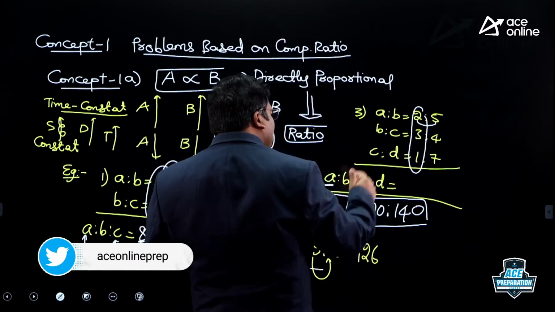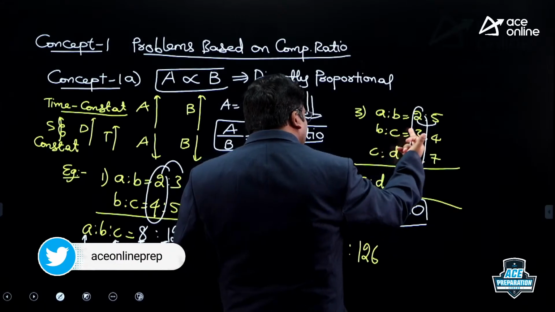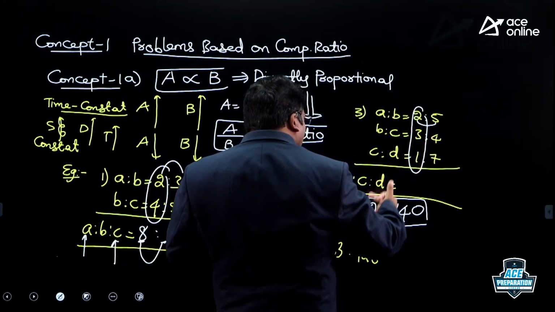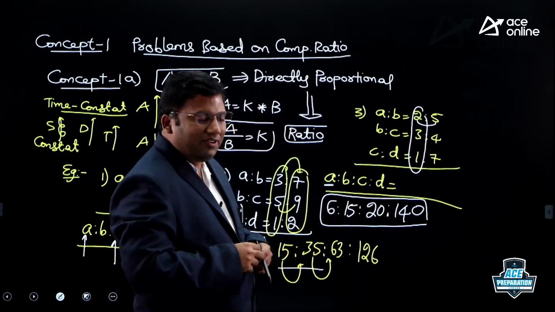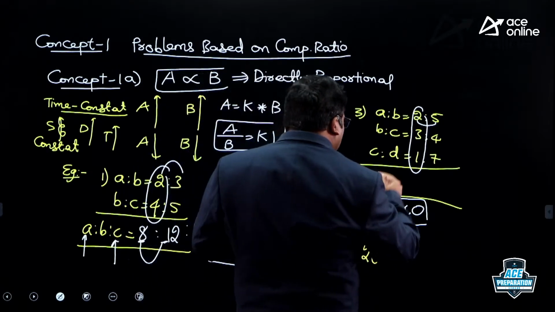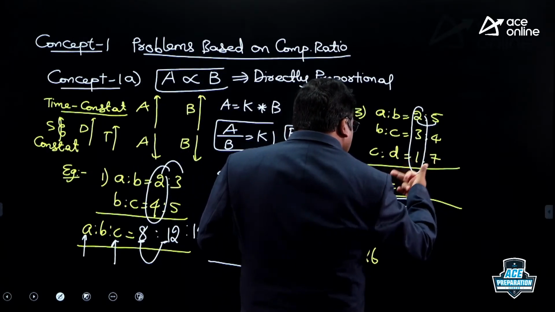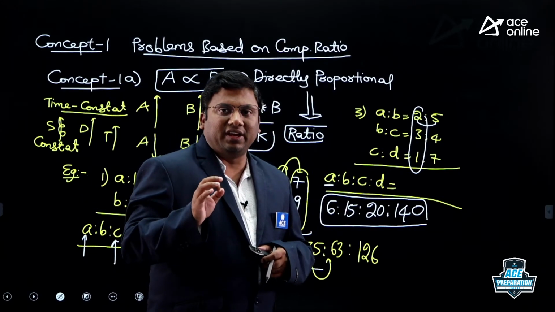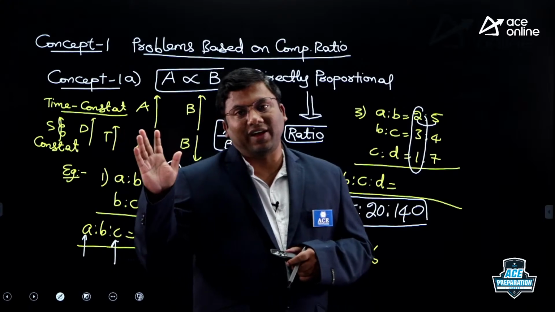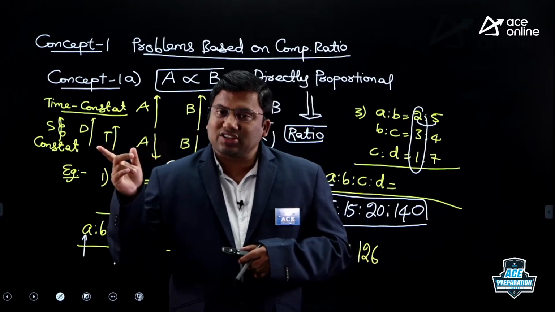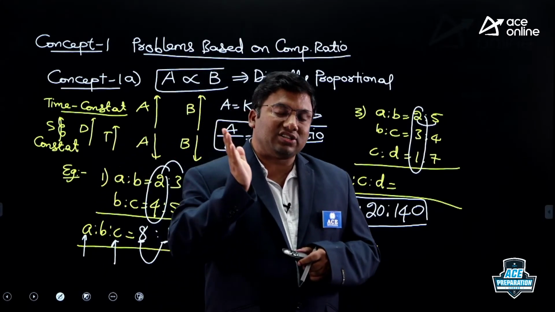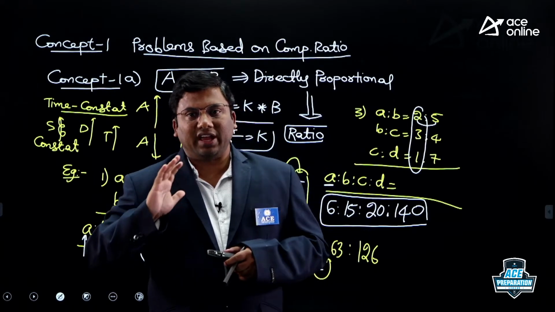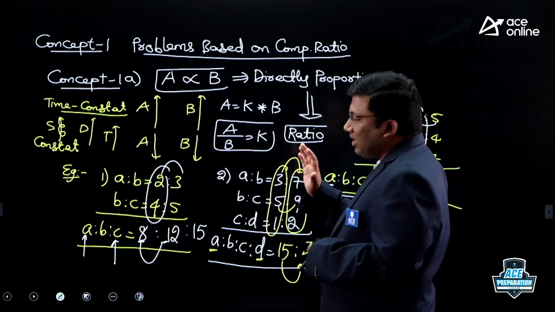Next is B is to C. 3 became 15. 3 5s are 15. 4 5s are 20. Are you all with me? Next is C is to D. 1 became 20. 7 will become 7 20s are 140. To get the first variable, multiply the first values in the question. To get the last variable, multiply the last in the question. Then check it out. I hope the first concept is clear.